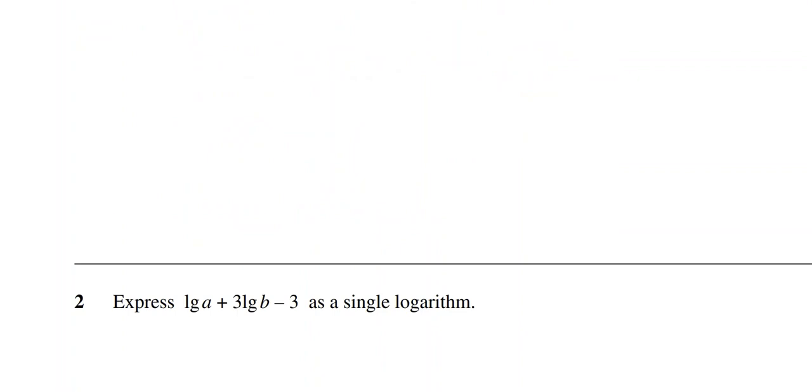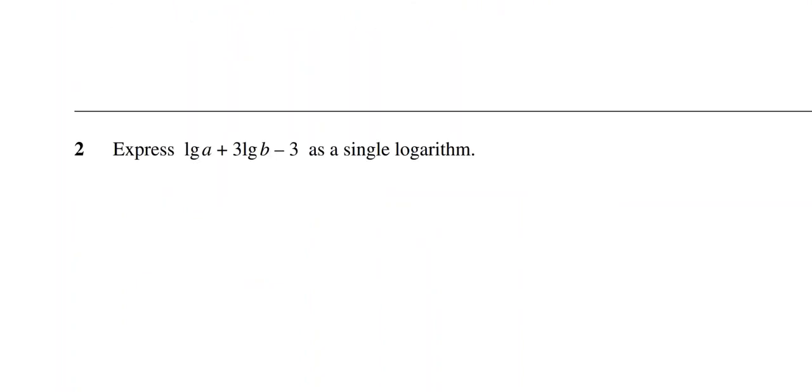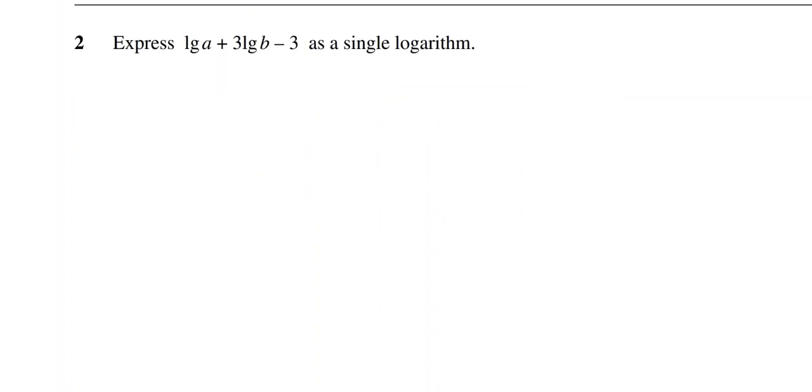Okay, let's proceed to question number 2, which is talking about logs. Here we have to express these three terms as a single logarithm. So two of them are already logarithm, but third one is not. Let's convert that to logarithm first. Let's assume that 3 is equal to log c. All right.